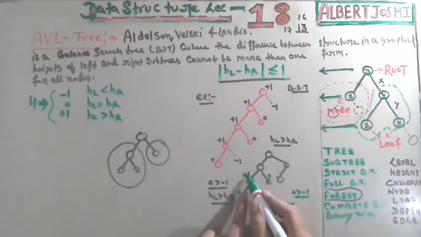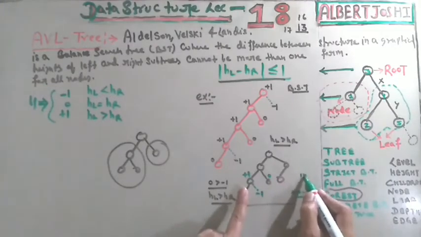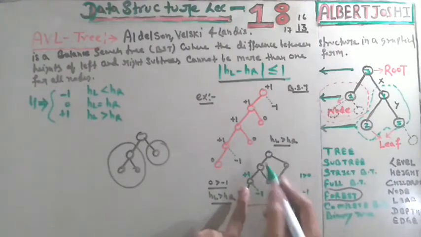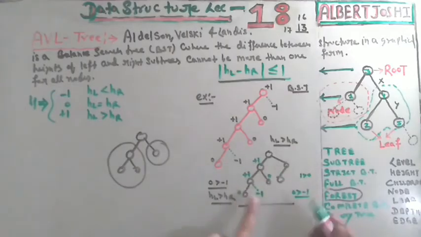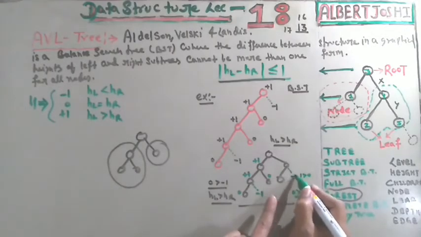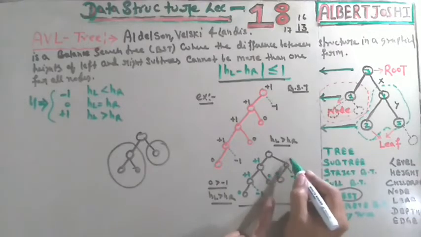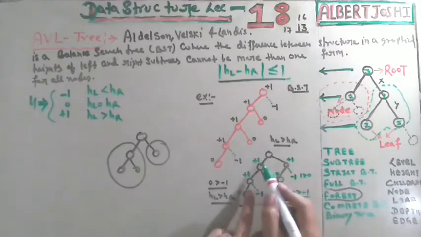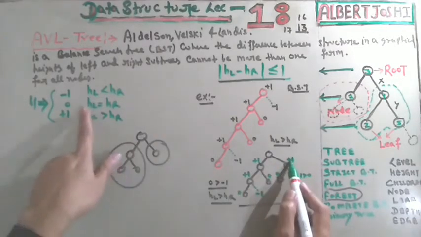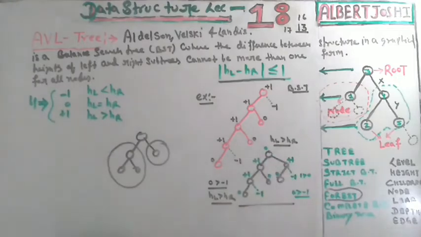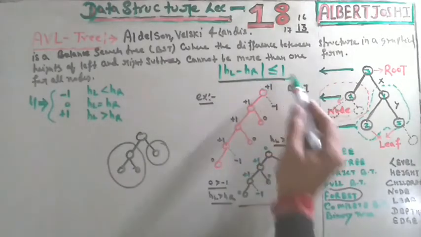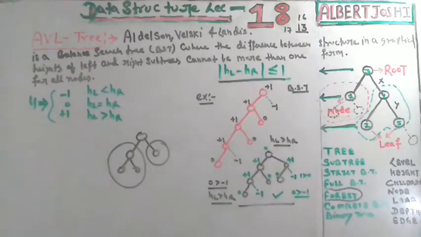So 1 is greater than 0, and again its value is +1. Now there is no value, which means -1. This is the leaf node, its value is 0. 0 is greater than -1, which means this is +1. Now if both are the same, then the value is 0. Now you can see that everywhere the node value is less than or equal to 1. In this condition, this is an AVL tree.